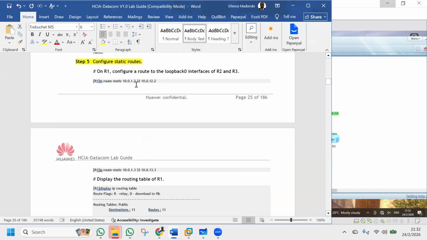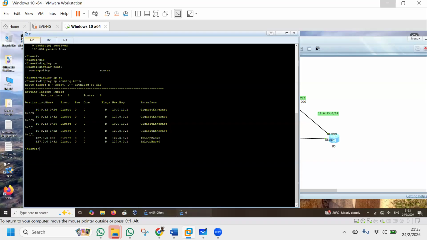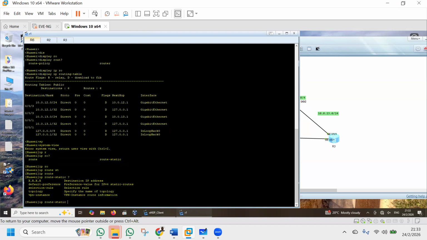In the system view, the command is ip route-static. There's a question mark. What follows? Destination network, default preference. Preference is used to see which route will be preferred if we have two routes to the same destination.